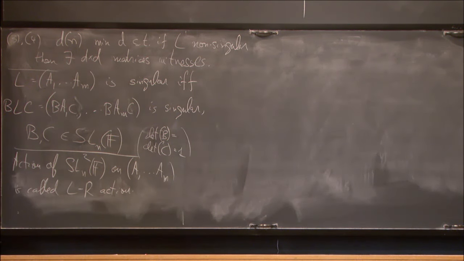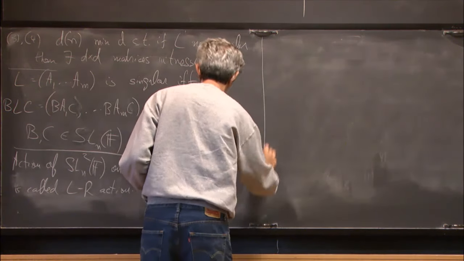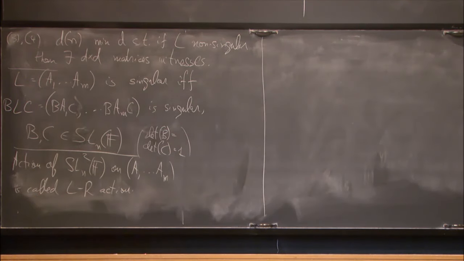It's to distinguish it from another natural action, maybe even more natural, of just one invertible matrix where you just conjugate this set of matrices. You pre and post multiply by a matrix and its inverse. This is an even more well-studied action. But we have this left-right action and it preserves the property we want.